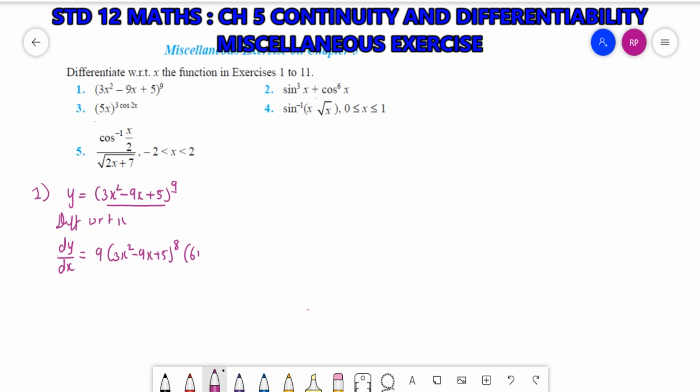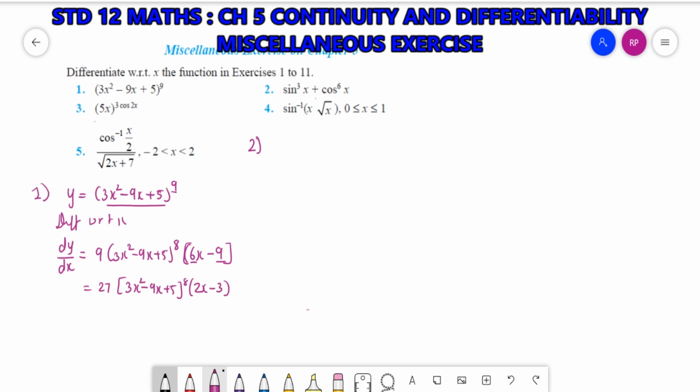That will be 6x minus 9. I can take 3 common from here. So 9 3s are 27, (3x square minus 9x plus 5) raised to 8 and (2x minus 3). Okay, so this was the first one.